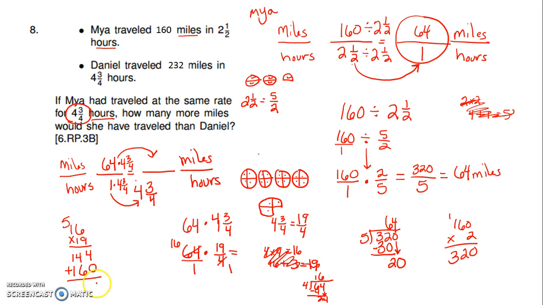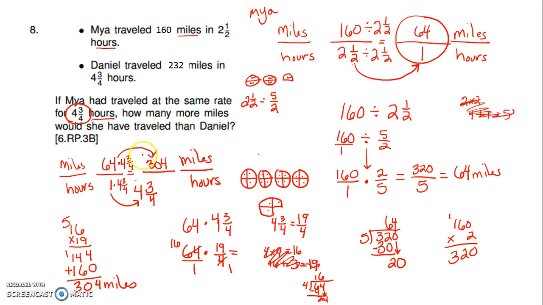Then if we add these up, we have 4. 6 and 4 is 10. 1, 2, 3. 304 miles she must go. As long as I haven't made a mistake in my calculations, my process is fine. So she goes 304 miles in 4 3/4 hours.